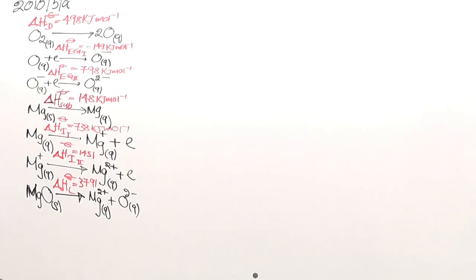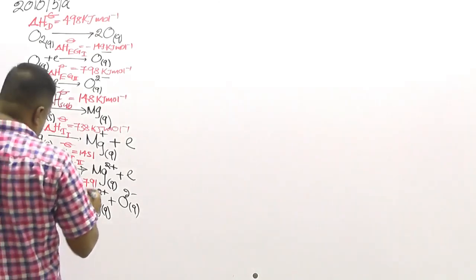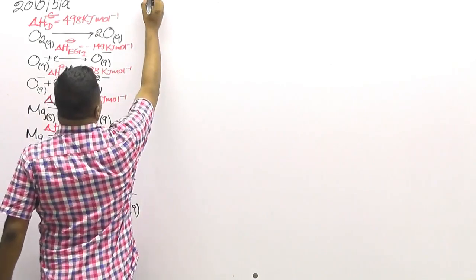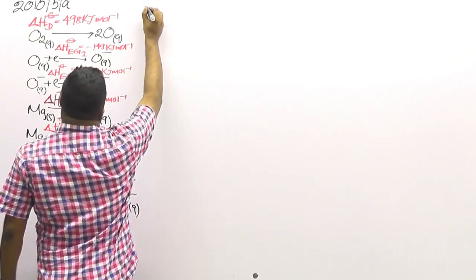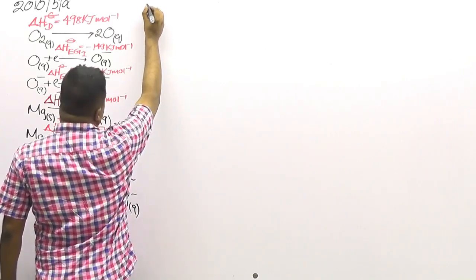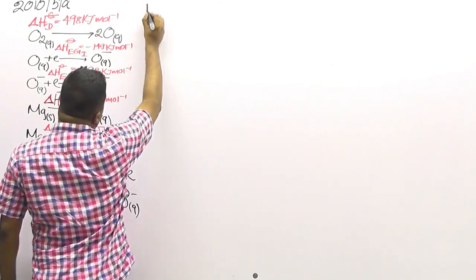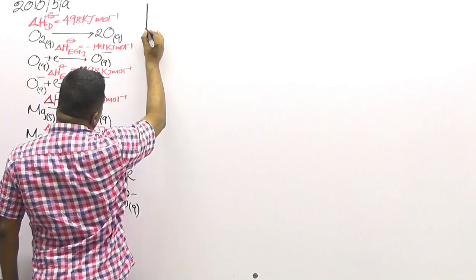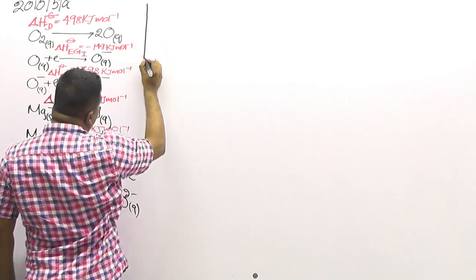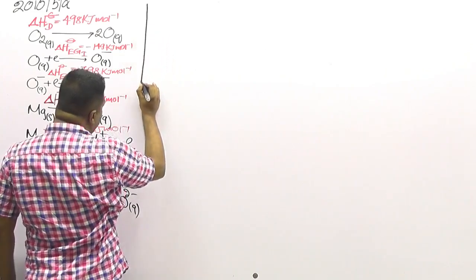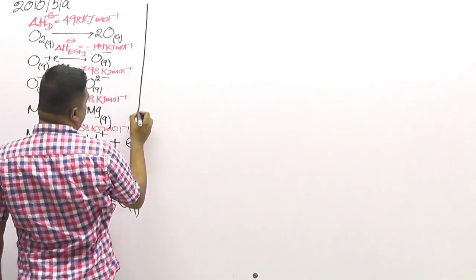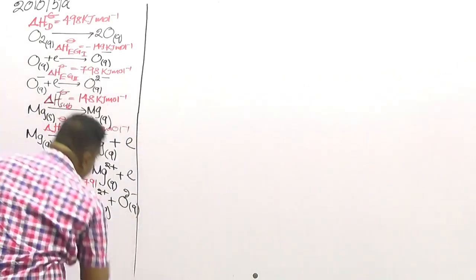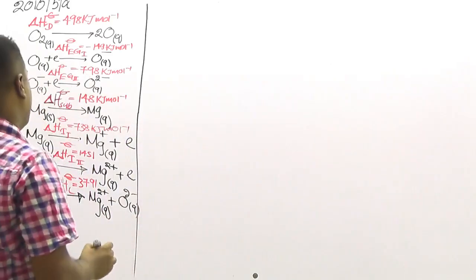Okay, let's draw a Born-Haber cycle. What do you mean by a Born-Haber cycle? It is an enthalpy level diagram of an ionic compound, right?